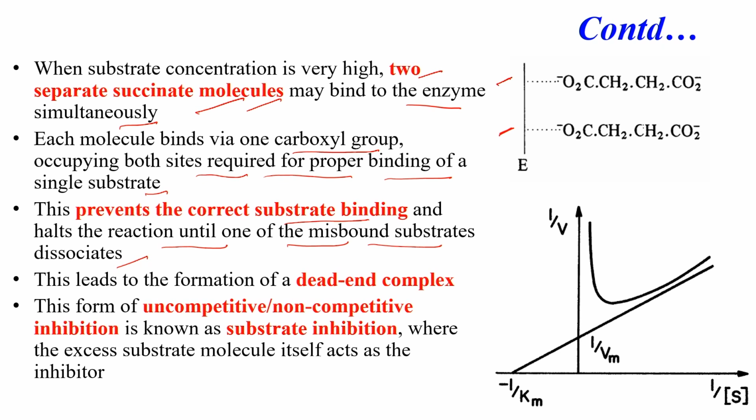As this hinders the reaction, this leads to the formation of a dead end complex, and this form of inhibition, which may be uncompetitive or non-competitive depending on the kinetic parameters, is known as substrate inhibition. So, in this case, even the excess substrate molecule itself acts as an inhibitor.